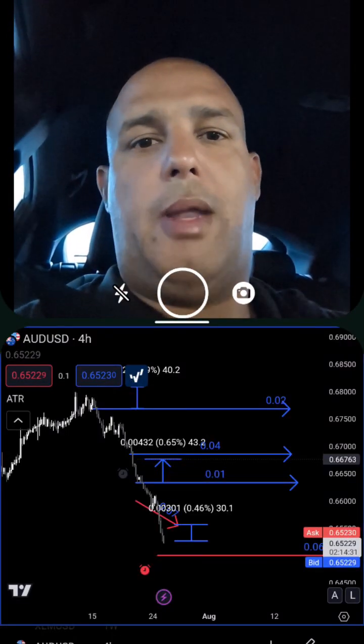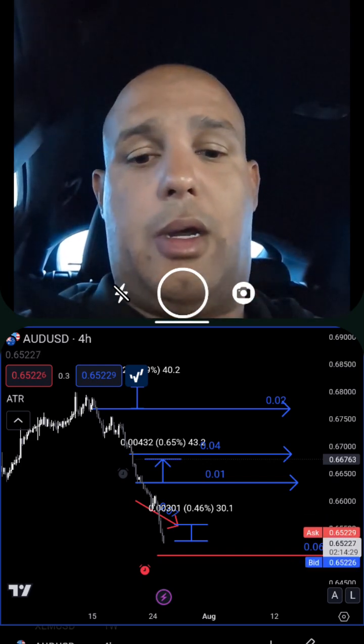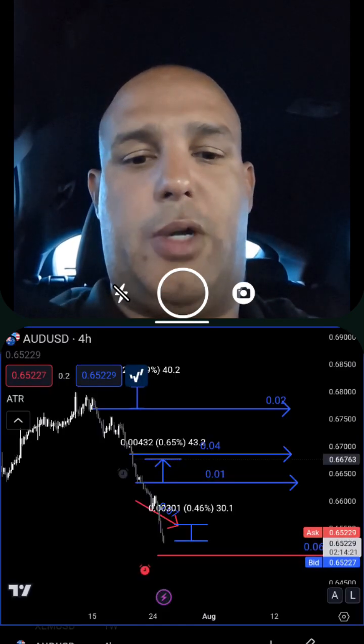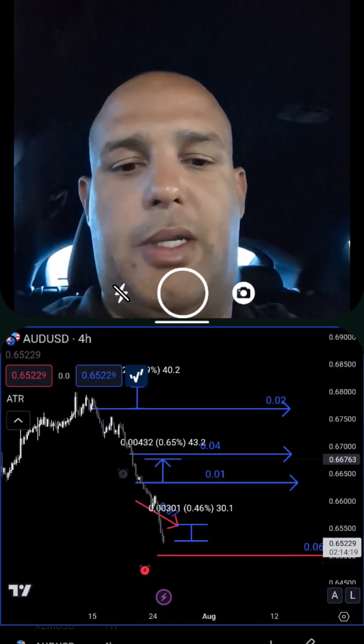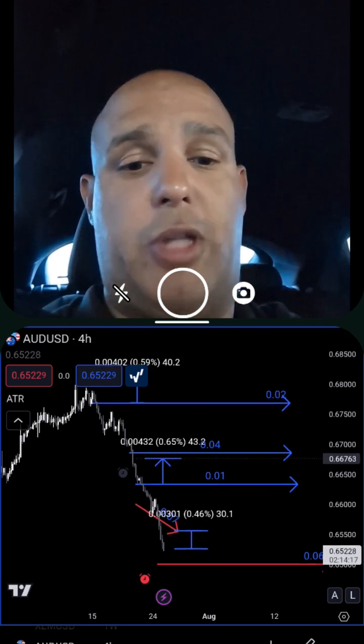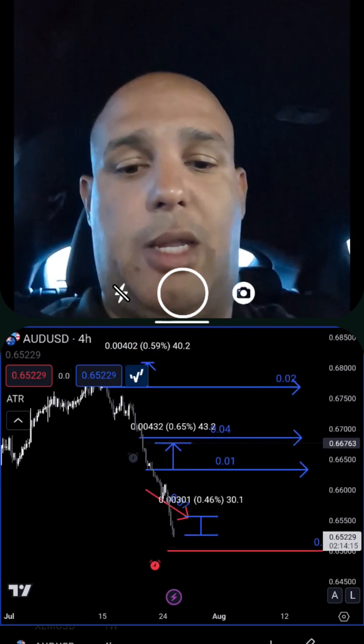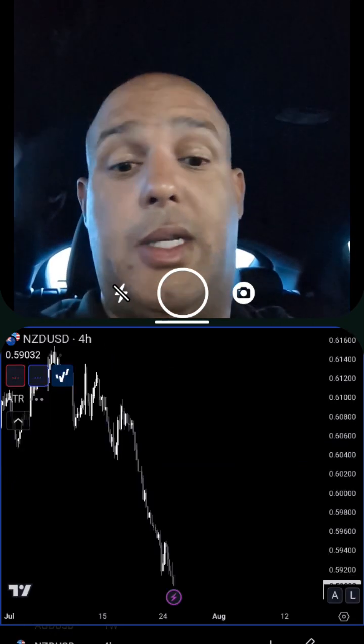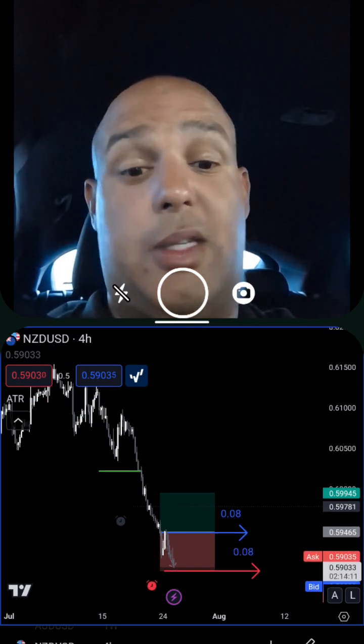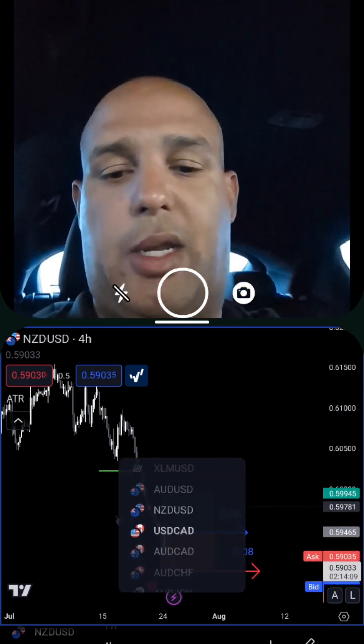So this is what I mean by I am in a couple of trades that are all pretty much the same. So AUD USD, I'm in that hedge. That's a nice little hedge, and it's just steadily been going down. NZD USD, same thing. That's actually getting ready to get hedged, but it's been steadily going down.